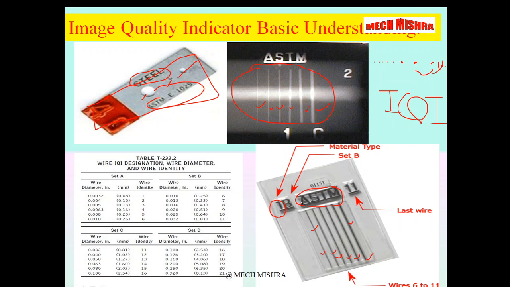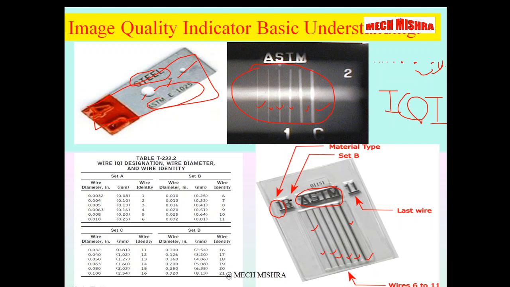So material type 1 shows the different type of material which is being used for the radiography. It may be 1 to 5 types for different materials. We will see in a further video what the different types are and how they are indicated.